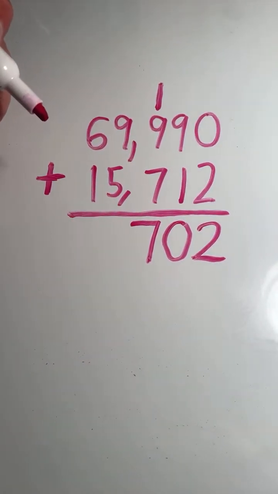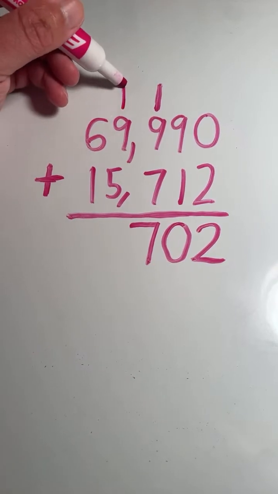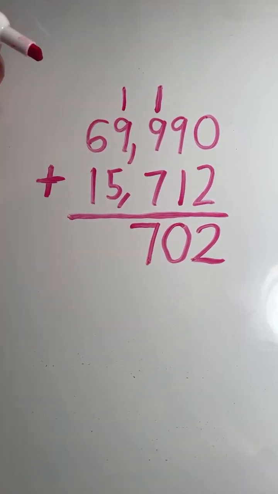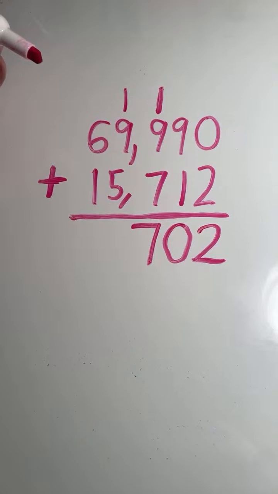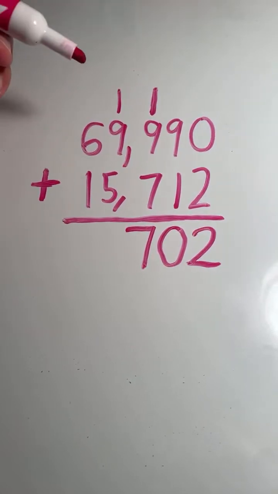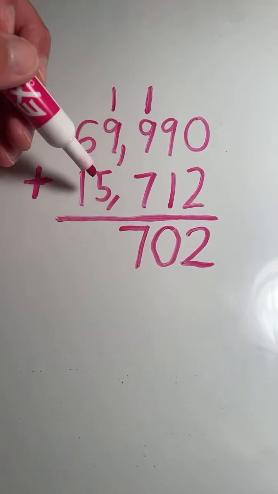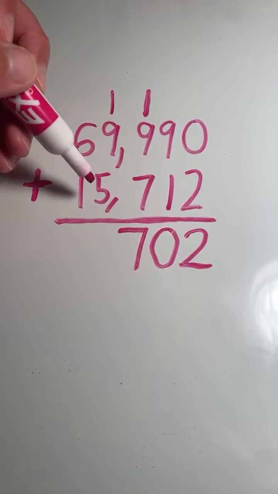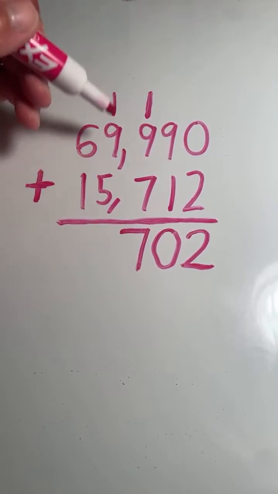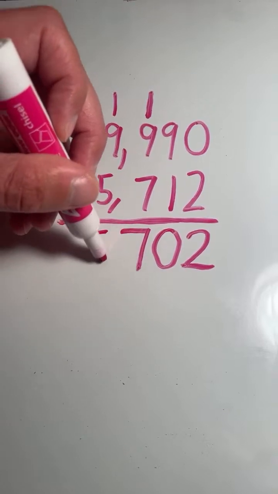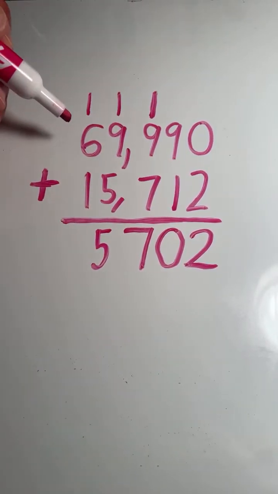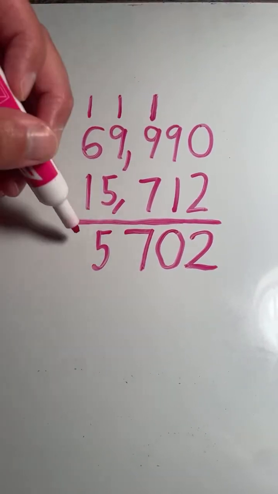So the 7 in 17 goes in the hundreds place. The 1 in 17 gets carried over to the thousands place. 9 plus 5 equals 14, plus 1 equals 15. 5, carry the 1. 6 plus 1 is 7, plus 1 equals 8.